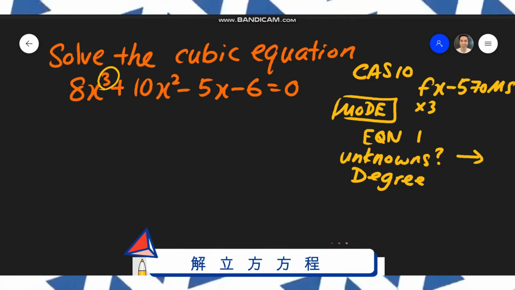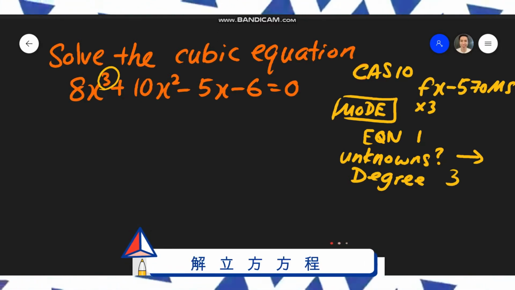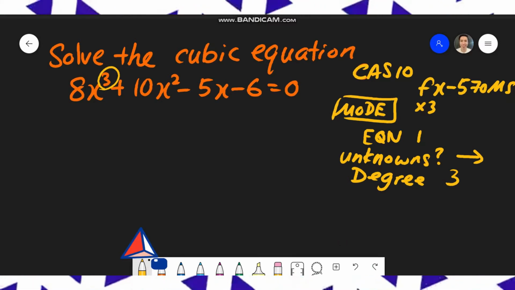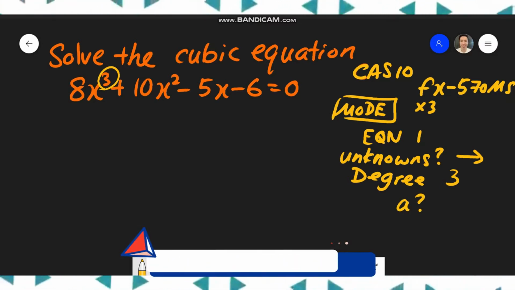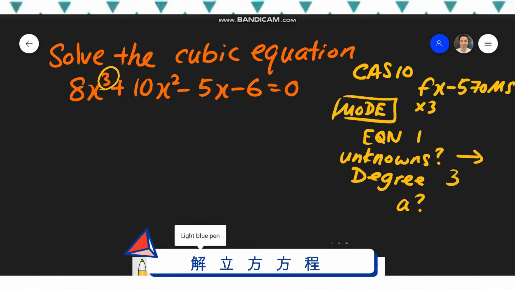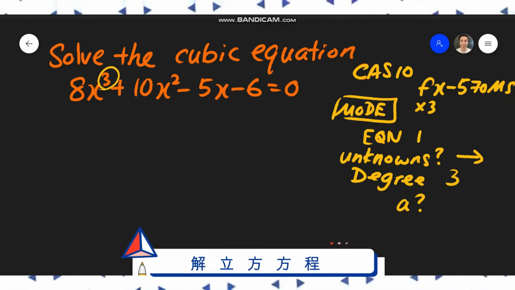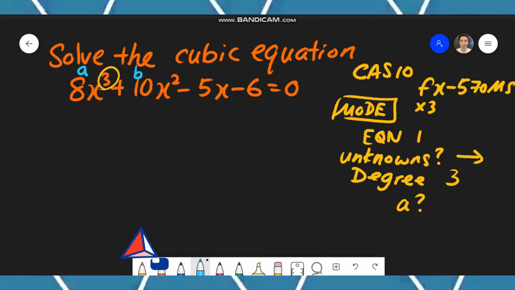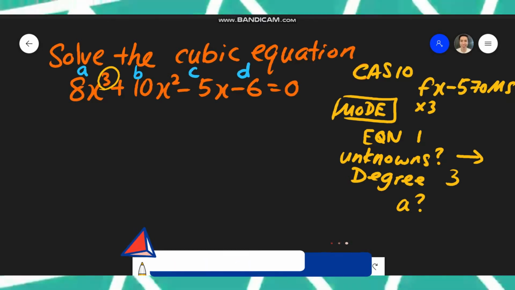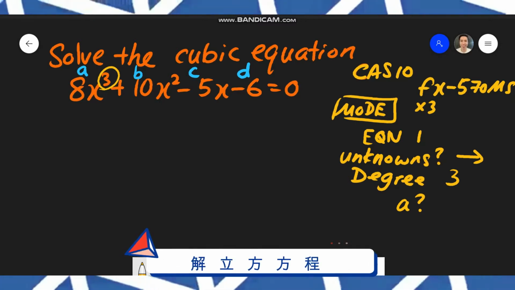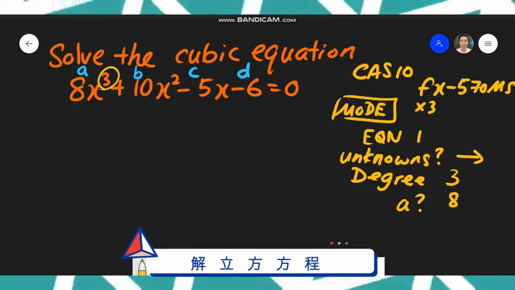After you type the 3, you'll be able to see the value of A. We must know which is the value of A. This is A, this is B, C, and D. So A is 8. We just type 8 in the calculator, then press equal.